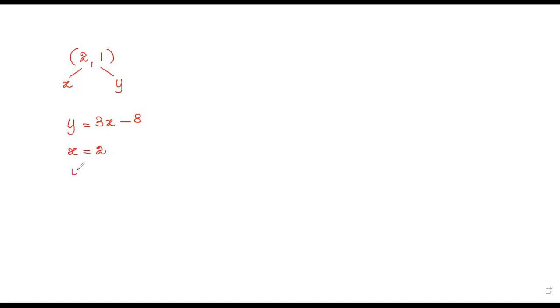So I am finding the y value. How? I substitute the x value: 3 times 2, minus 8. So y equals 3 times 2, which is 6; 6 minus 8, then y equals -2. So this is what?